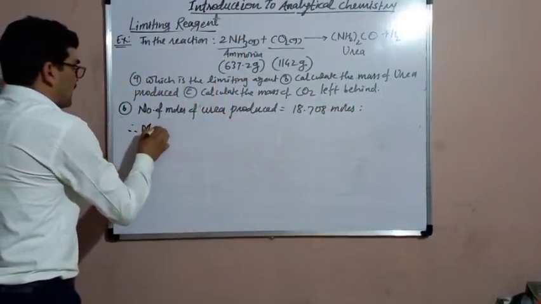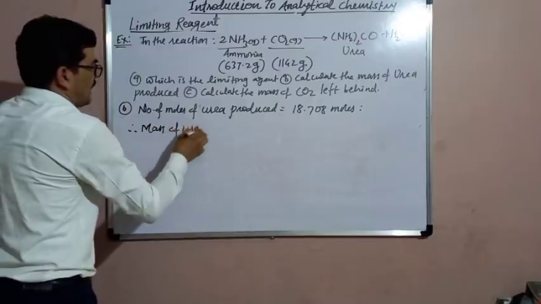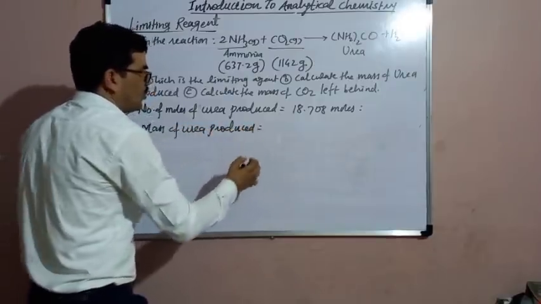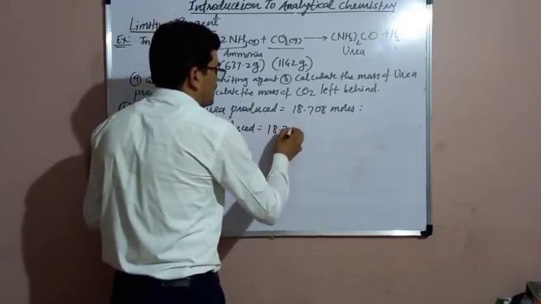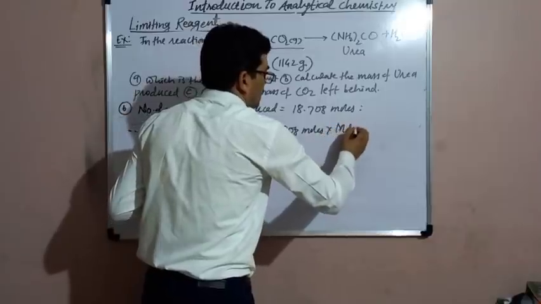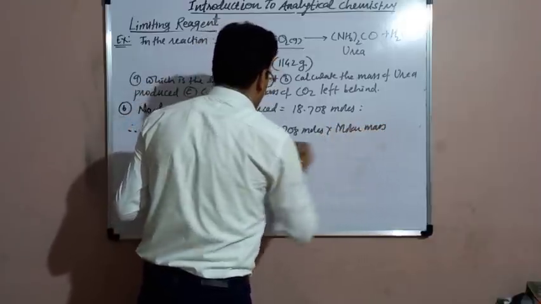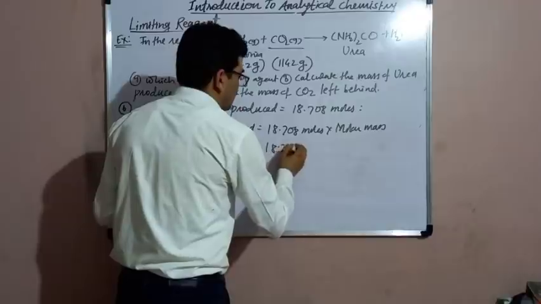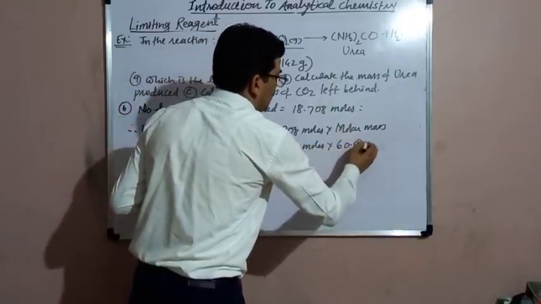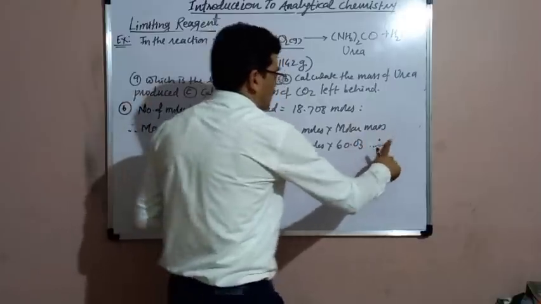Therefore, mass of urea produced: now moles of urea produced are converted into mass, 18.708 moles multiplied by its molar mass. Now molar mass of urea is 60.03 gram per mole, so 18.708 moles into 60.03 gram per mole.